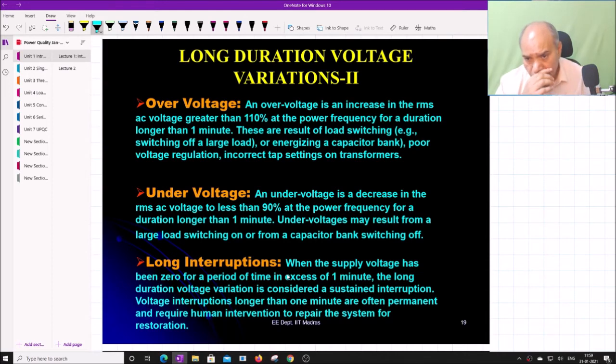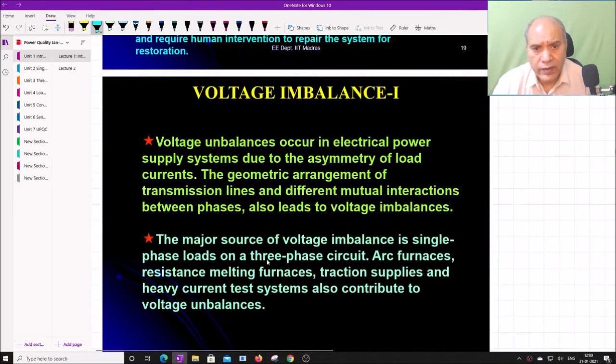Okay, so it is the time scale that makes either over voltage or voltage swell, under voltage or voltage sag, long interruptions, or you can say simply interruption. Got it clear, this point? All right.